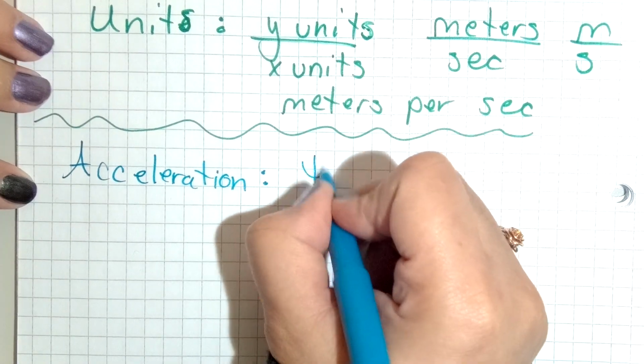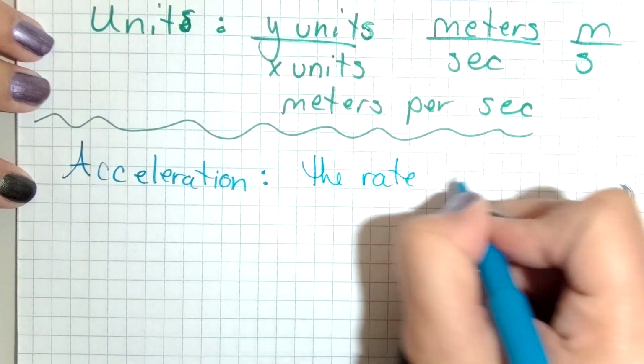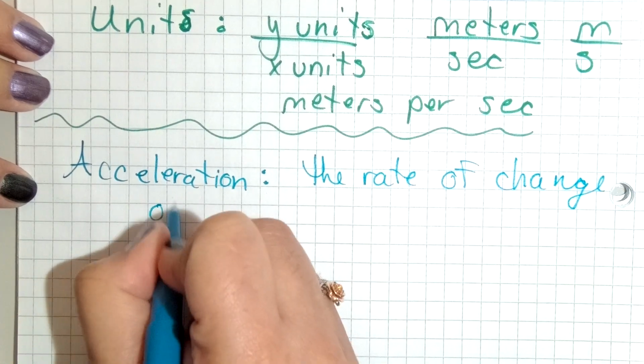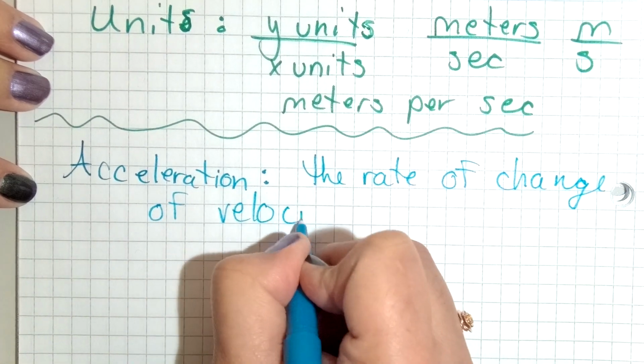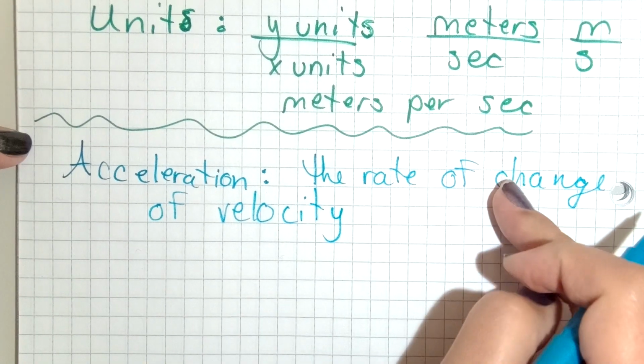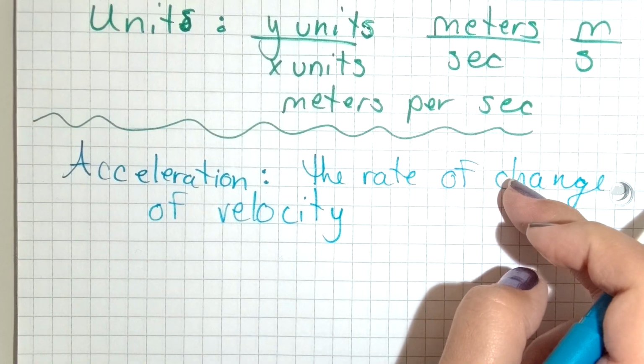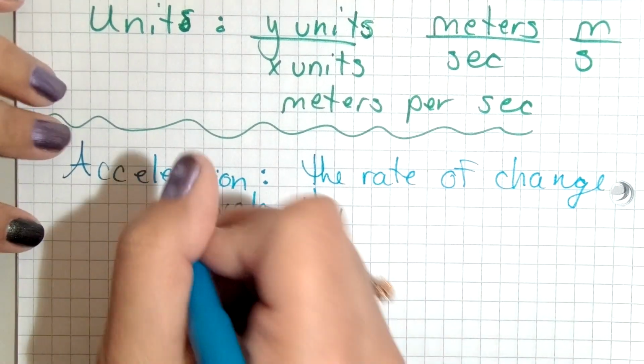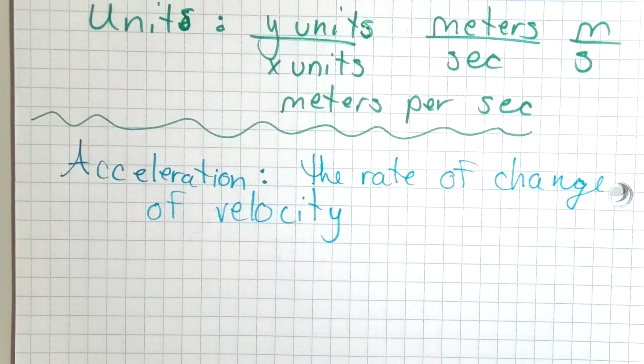Acceleration is the rate of change of velocity, which means that acceleration is the derivative of velocity. Acceleration is the derivative of velocity.